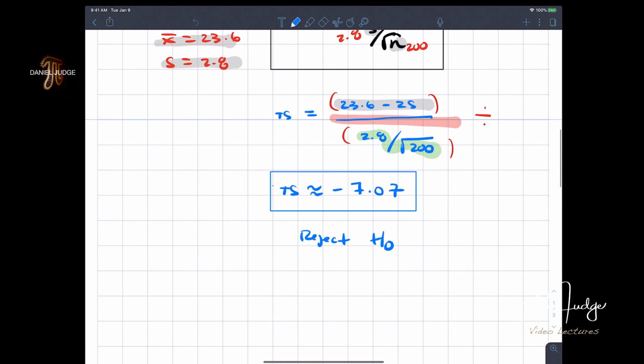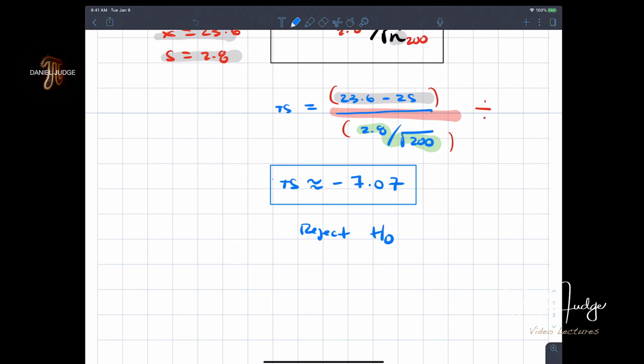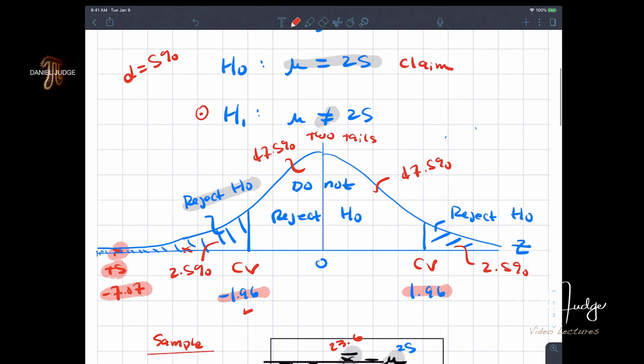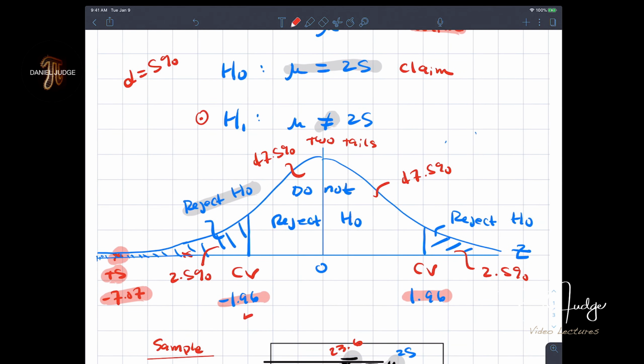What you're looking at here is not the conclusion. Let's write that down. And you say, well, what is the conclusion? Well, it says to reject the null. So does anybody want to tell me here, which statement here is the null?